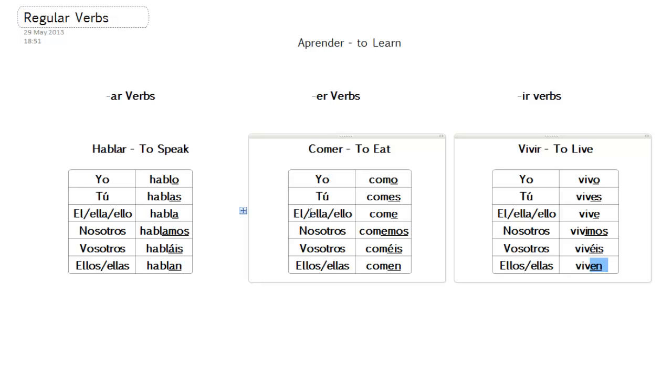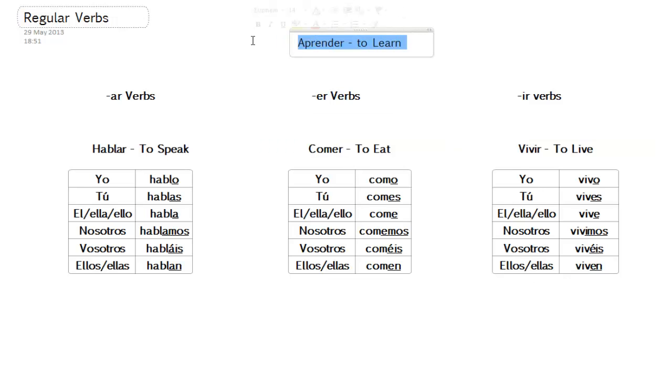Okay, there you go. I'm not going to say much more on this because basically you have to look on Google and look for Spanish regular verb lists. If you Google that, you'll find lots, and you can copy them.